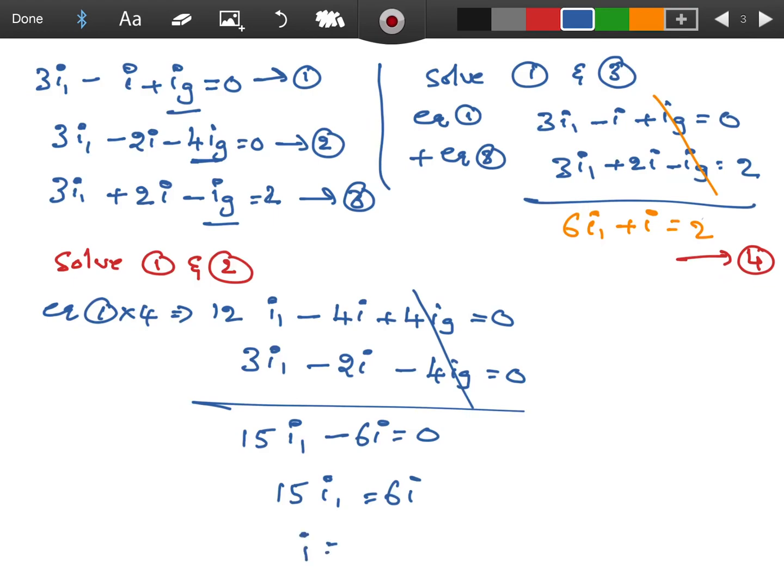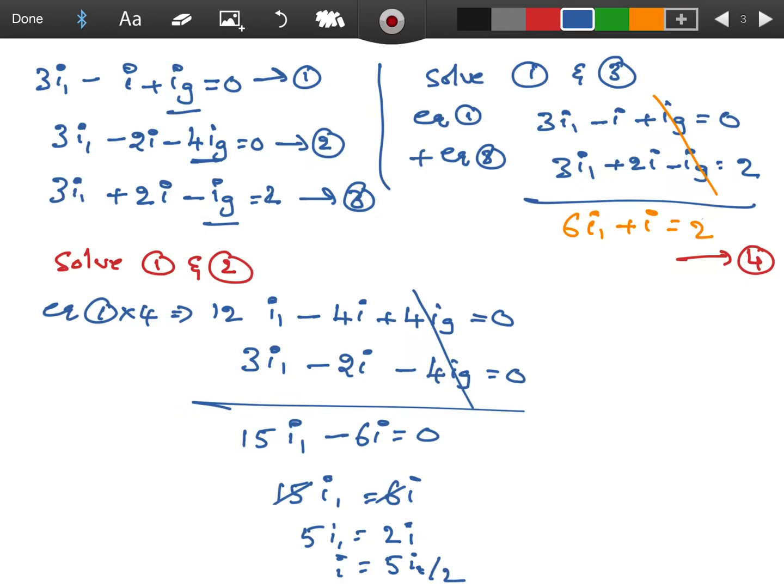I'll divide by 3: 3 5s 15, 3 2s are 6. 5i1 equal to 2i, so I equal to 5i1 by 2.